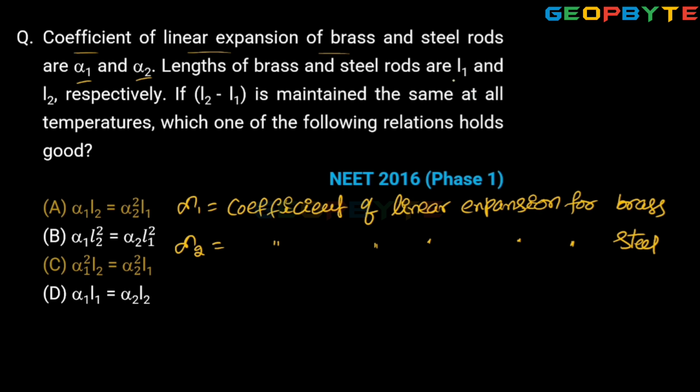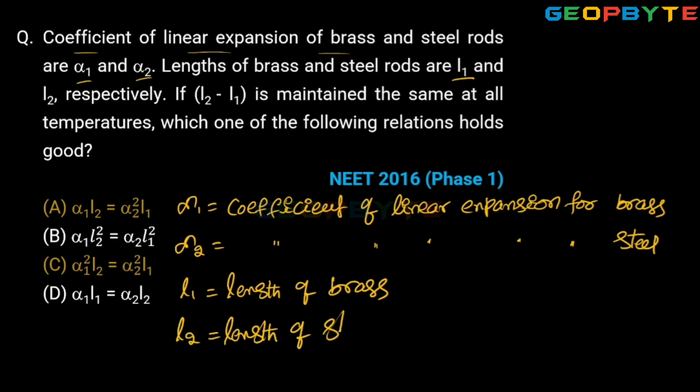L1 and L2 are the lengths: L1 equals length of brass, L2 equals length of steel. If L2 minus L1 is maintained the same at all temperatures, which one of the following relations holds good?